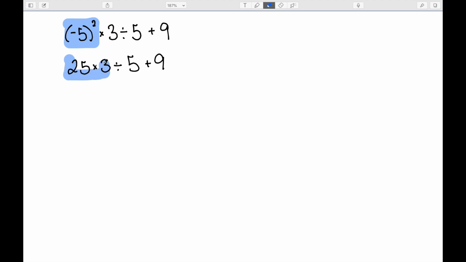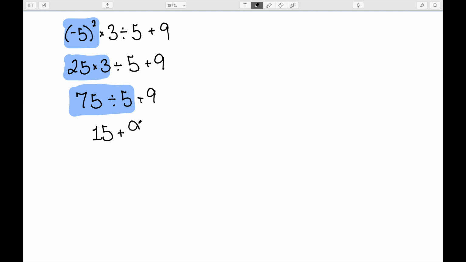The first thing we have is a multiplication, 25 times 3. That's 75 divided by 5 plus 9. Next, we have a division if I move left to right. 75 divided by 5 is 15. And then finally, 15 plus 9 is 24. So my solution here would be 24.